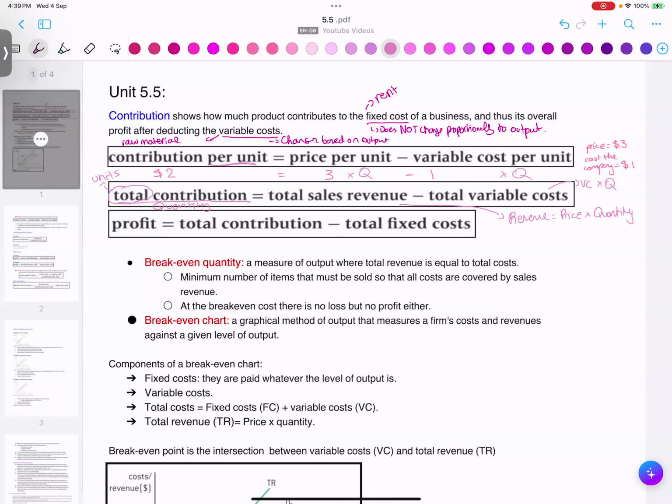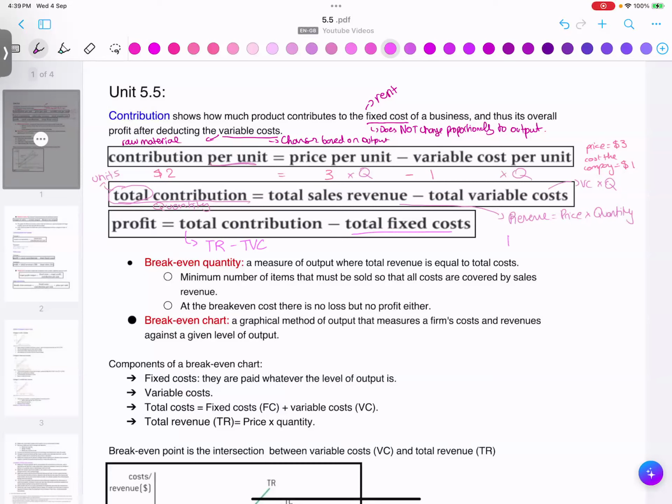A way to calculate profit is by subtracting total fixed cost from total contribution, because we know that contribution itself already accounts for variable costs, since it's total sales revenue minus total variable costs. So the only thing you have to subtract is total fixed cost. And why is that?